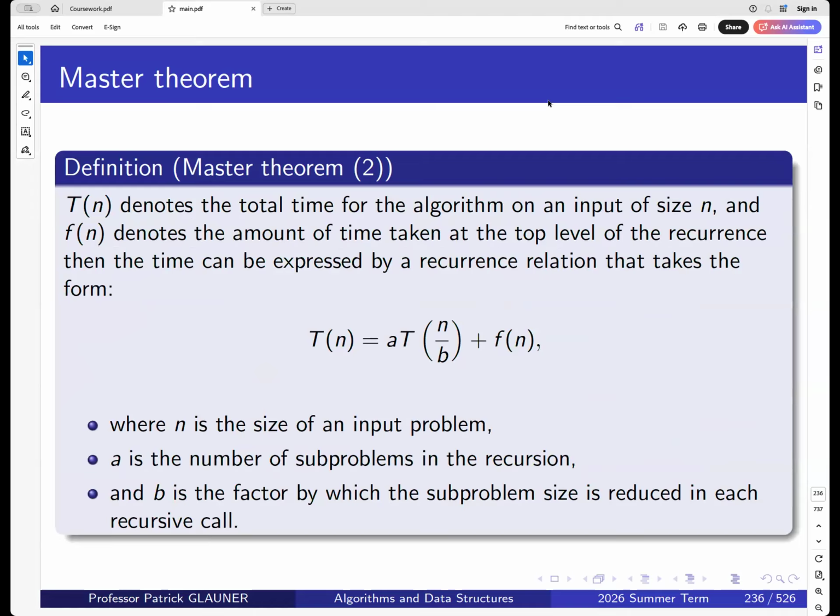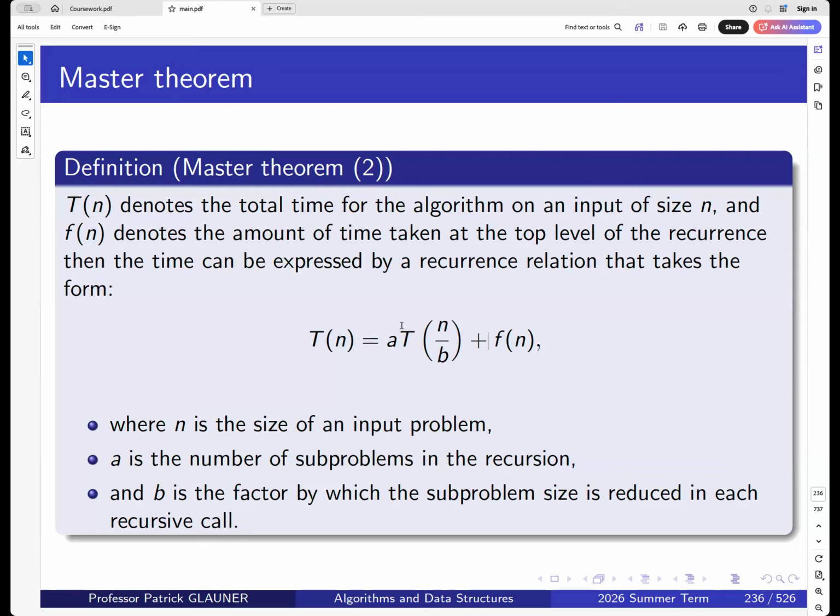So the master theorem does the following. We have a recurrence relation as before, that is T of n, and if the recurrence relation matches this pattern here, then we can use the master theorem. What we have here is T of n, and then T of n divided by b.